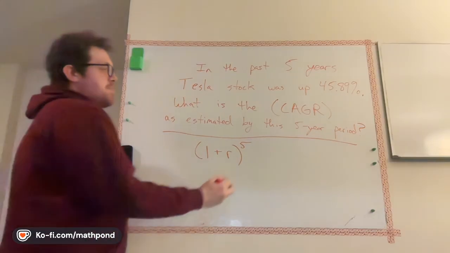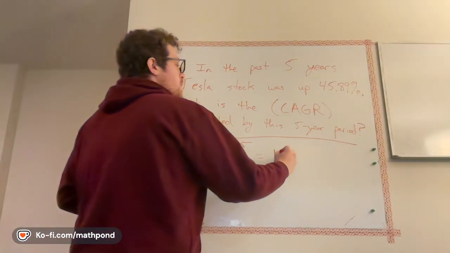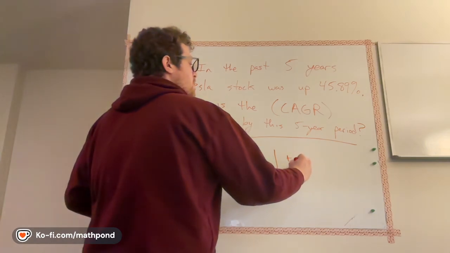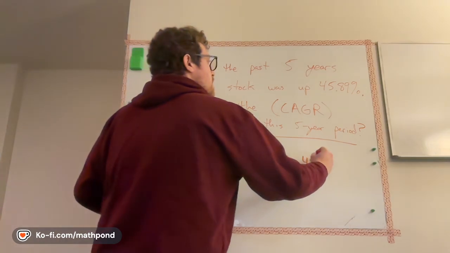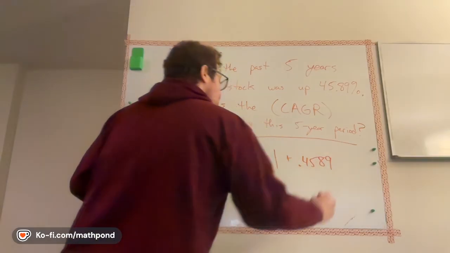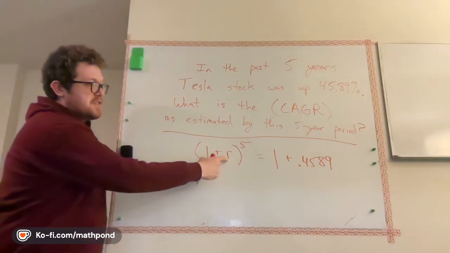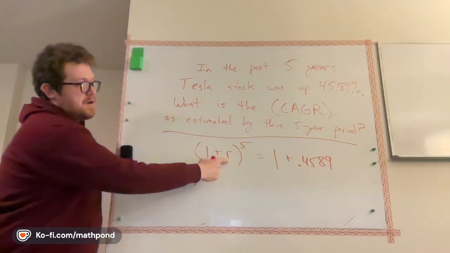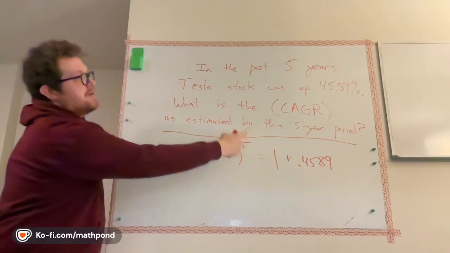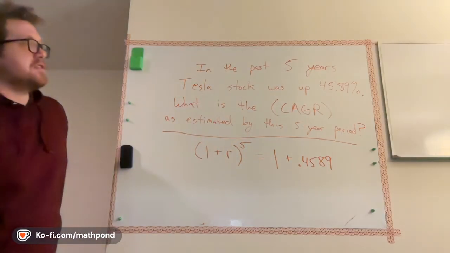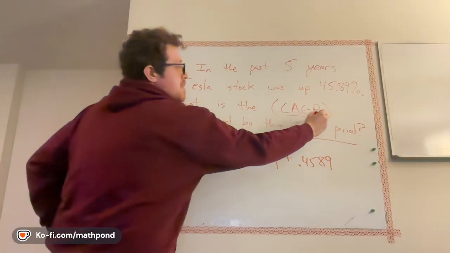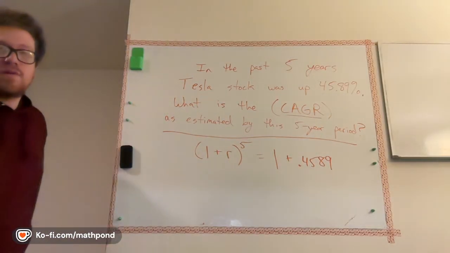And this should be the total growth rate for the whole period, which was this 45%, 1.4589. And then we just want to solve for what's this annual return. So here r is the annual return, and it gets compounded for the 5-year period. So that will give us this compounding annual growth rate.